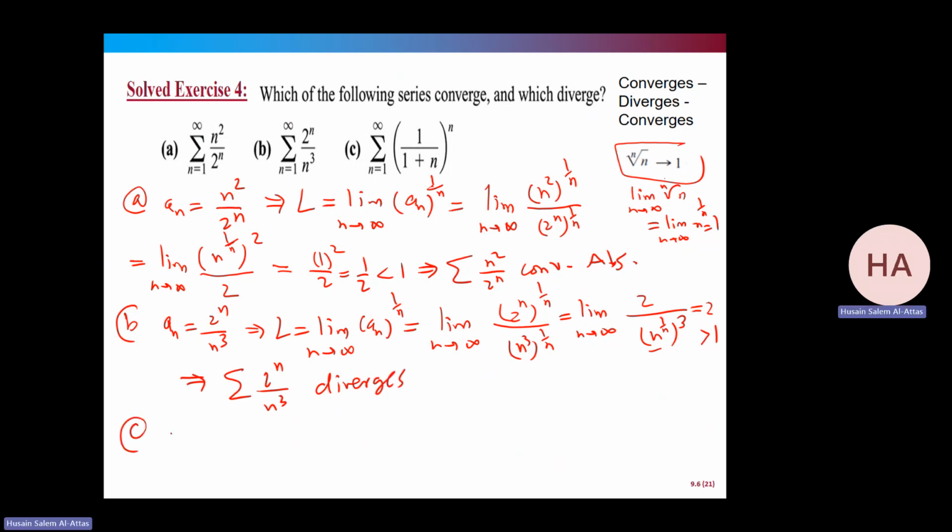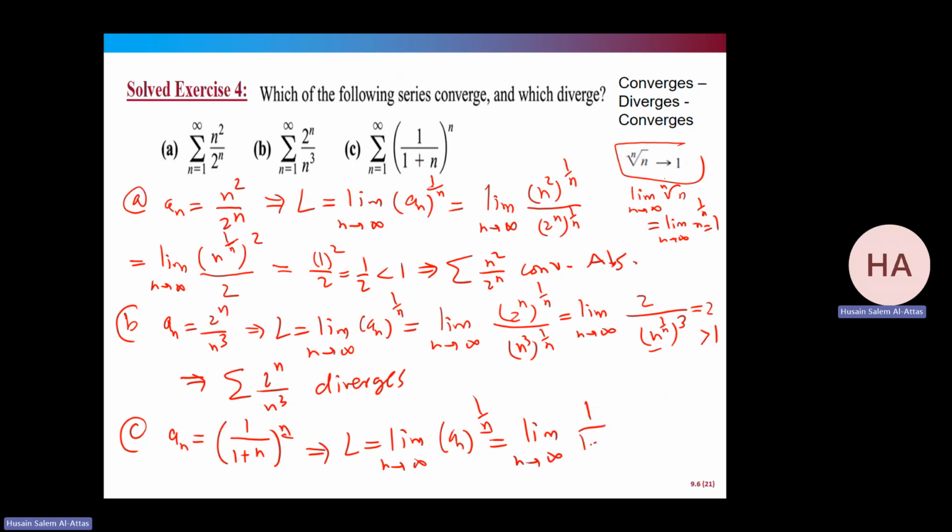The last one. I need to find what is a_n. It's (1 over 1 plus n) all to the power n. So let me find L, the limit as n goes to infinity of a_n to the power 1 over n. Yeah, that's very clear. This will kill this.